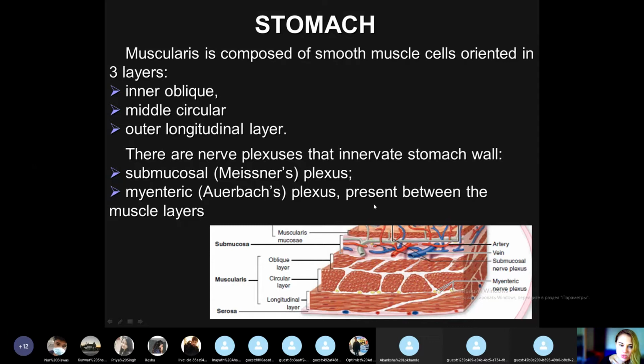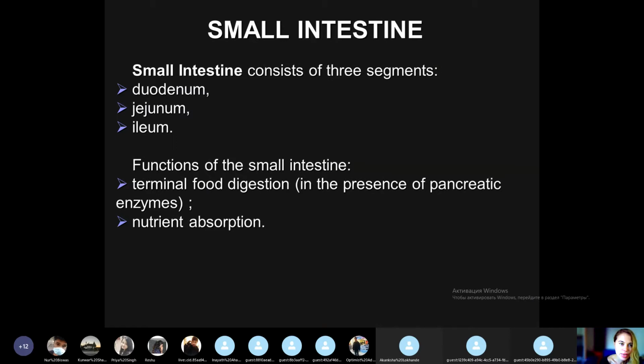The myenteric or Auerbach plexus is present between the layers of the tunica muscularis. Both first of all regulate the blood supply in the stomach, and also stimulate contractions of the stomach wall, and as a result they stimulate peristalsis, the movement of the chyme through the digestive tube.